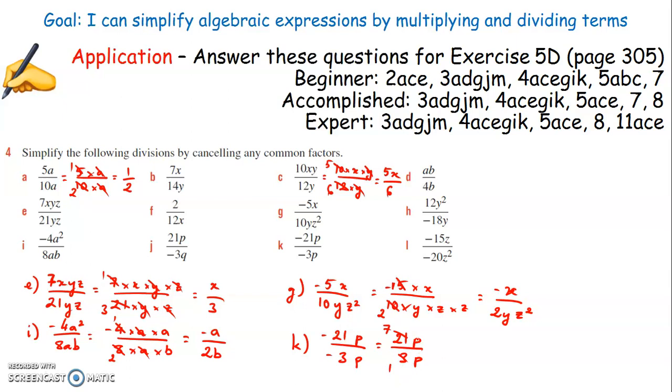And I can see that there's a letter p at the top and the bottom, so cancel that. So at the top 7 and at the bottom 1. 7 over 1, 7 divided by 1, that's 7. So these are the answers for question 4 of exercise 5D. I hope this helps.